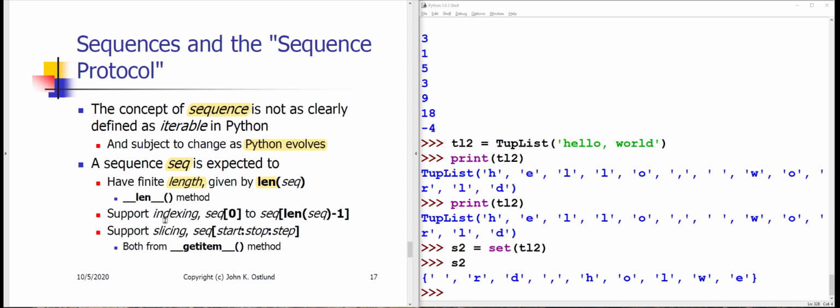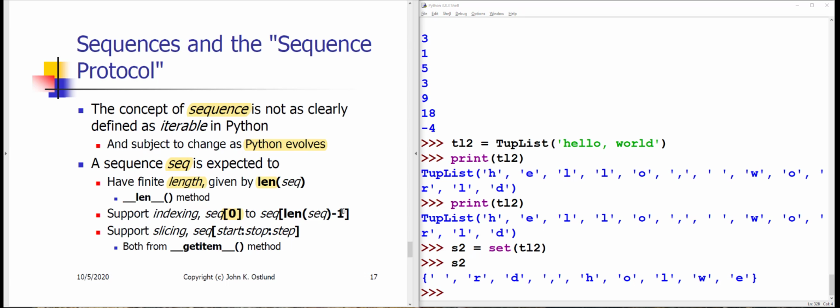Another thing that a sequence ought to be able to permit is subscripting with the square bracket notation. You should be able to index the individual items within a sequence starting from sub 0 and going up to sub whatever the length is minus 1. So if you've got 10 items in your sequence, you should be able to access them from item sub 0 up through item sub 9.